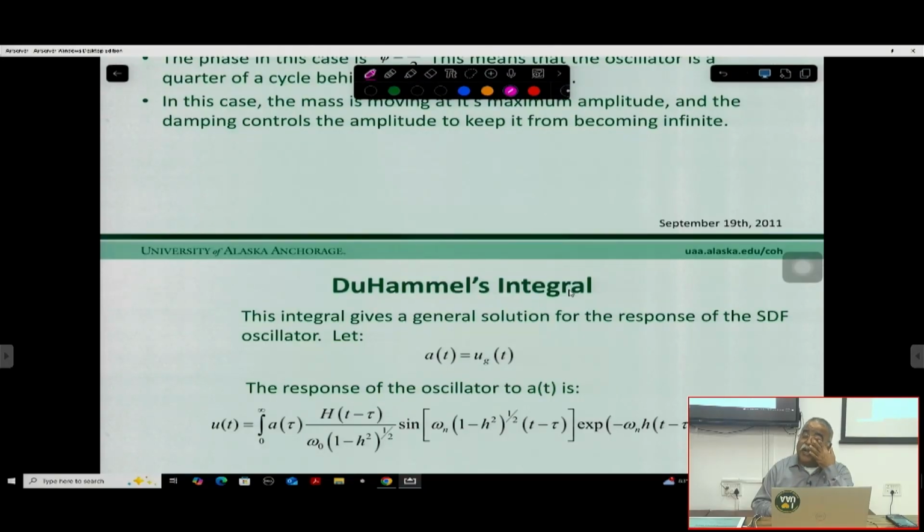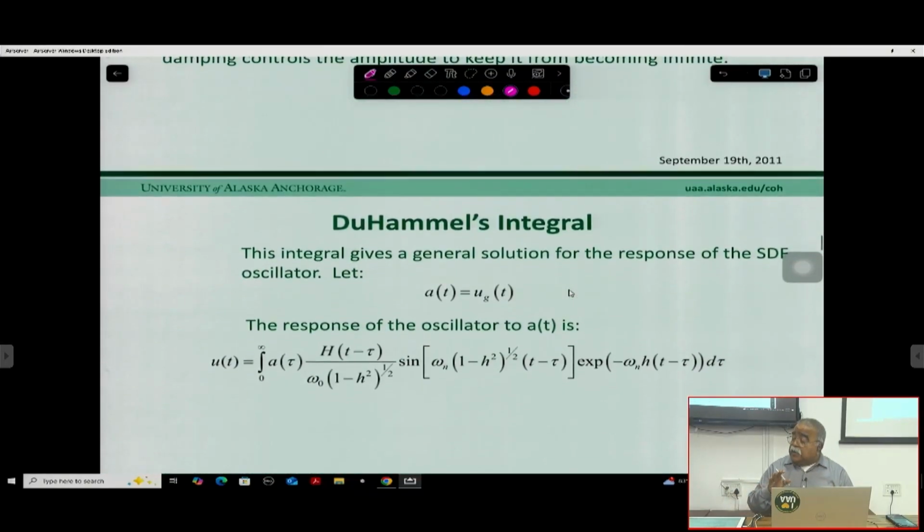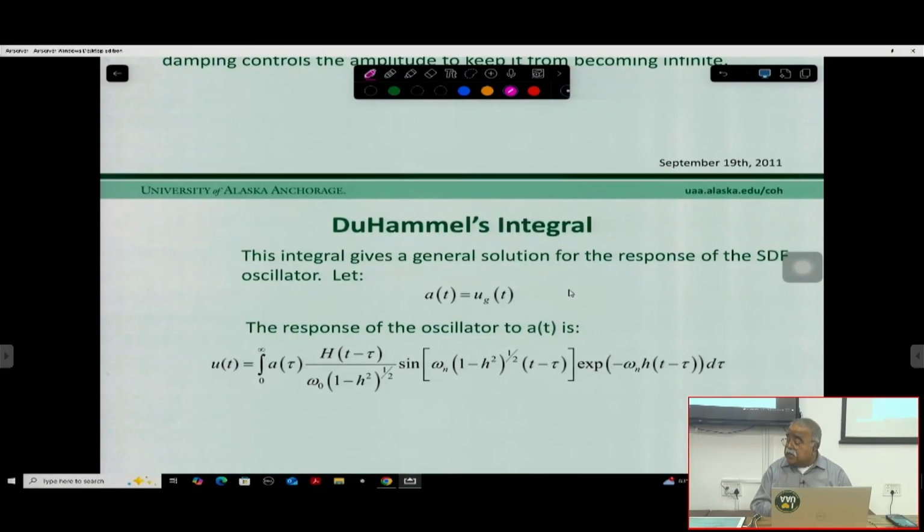So those are your three extreme cases: when omega is very, very less than omega n, omega is greater than omega n, and omega equals omega n. Now my question is, if I have any input acceleration to that building, how will the building respond?